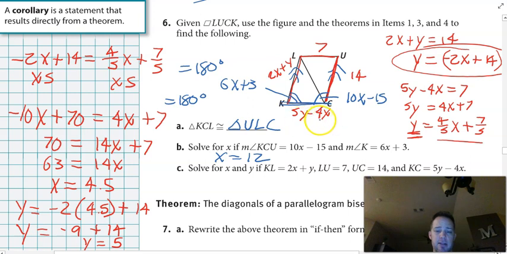So 25 minus 18 is 7, and sure enough, it does equal 7 up there. So when I plug what I got back in for x and y, just to make sure, it does work. So kind of ugly, but we did end up getting x equals 4.5 and y equals 5.